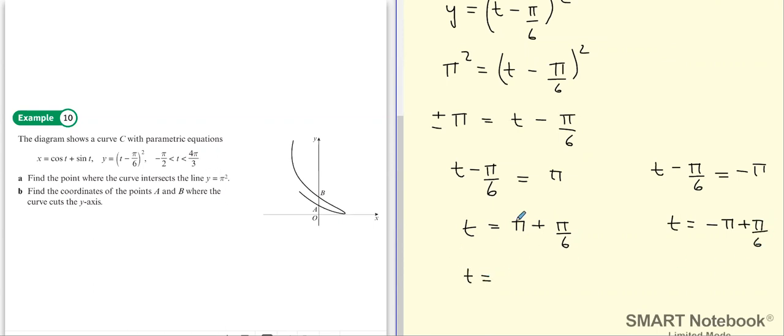So t is either 7 pi over 6, or t is, this is going to become minus 5 pi over 6. Which one of these is not a valid t value, please?